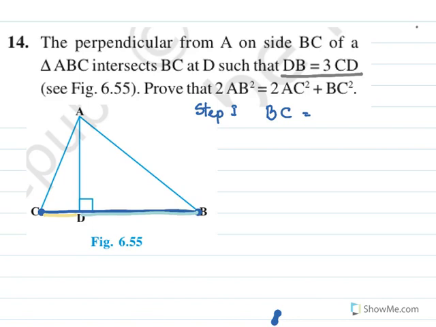So that's what I'm going to write first. BC equal to CD plus DB. But it's given to me here that DB is 3 times CD. So for DB here I'm writing 3 times CD because it is given.